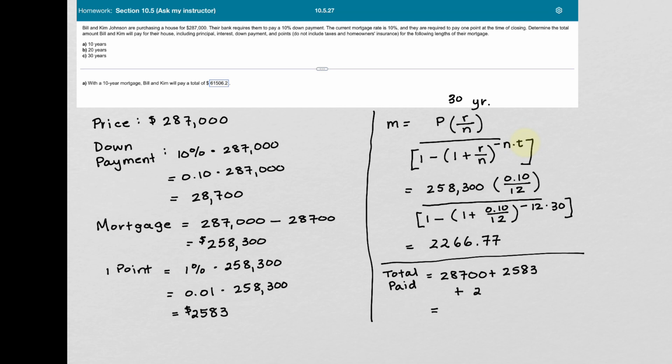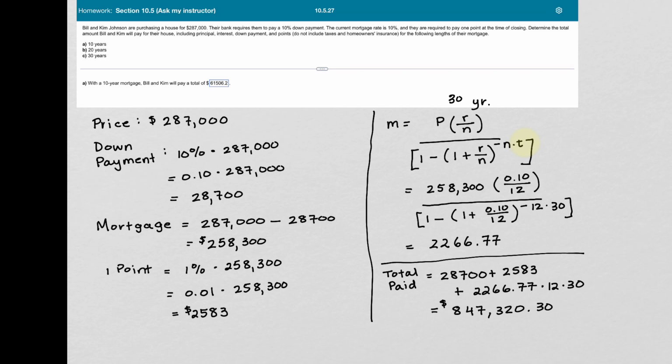And so we'll put that down here to figure out the total amount paid, and that's 12 times a year for 30 years. And now the total paid is going to be $847,320.30.